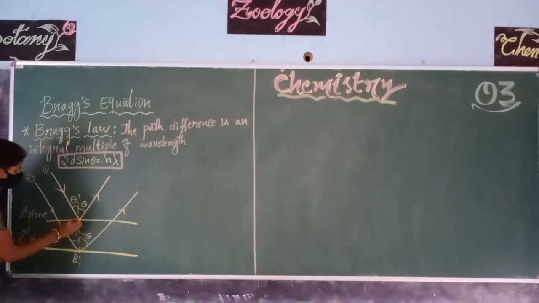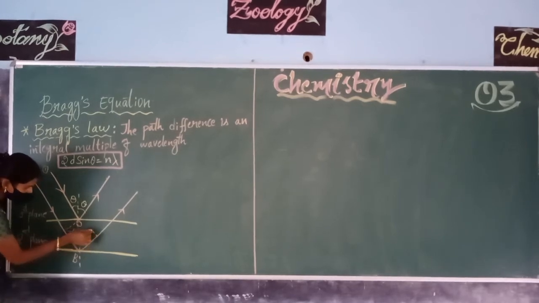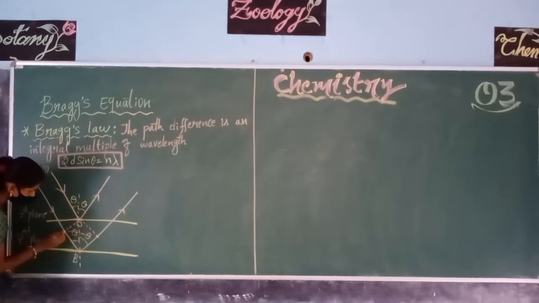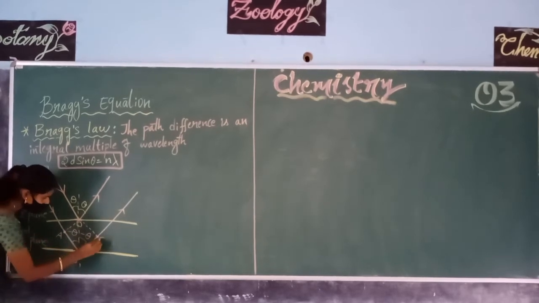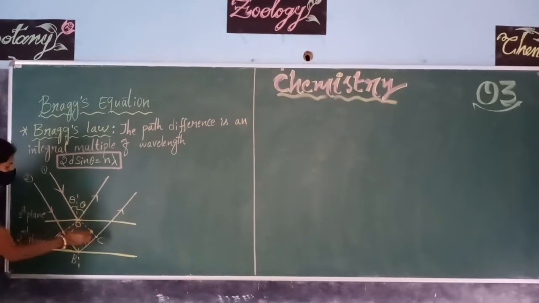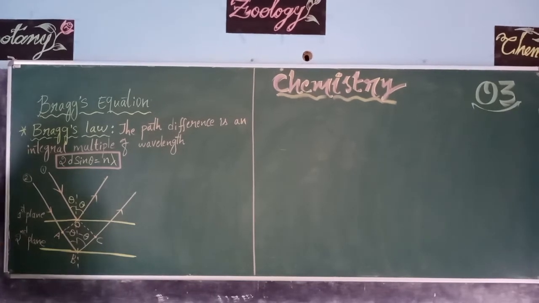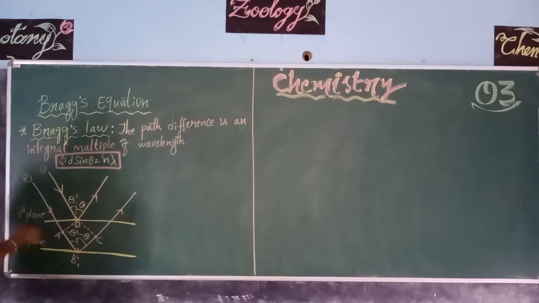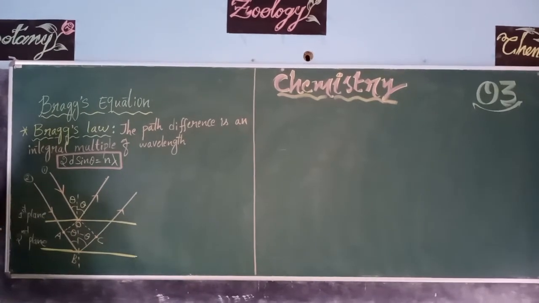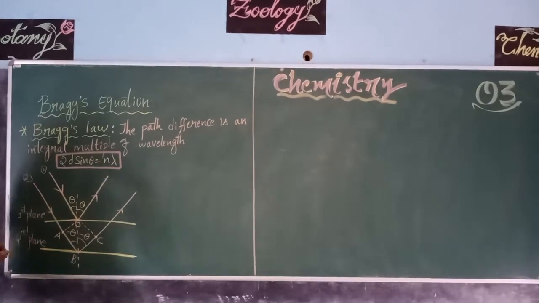From point O, if we draw a normal which is perpendicular to ray 2, then we get points A and C. So OA and OC are the normals that we have drawn from point O. This is the diagrammatic representation for Bragg's equation derivation. With this diagram we are going to derive the equation now.